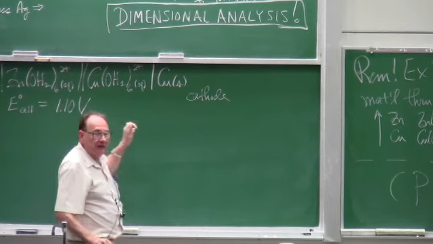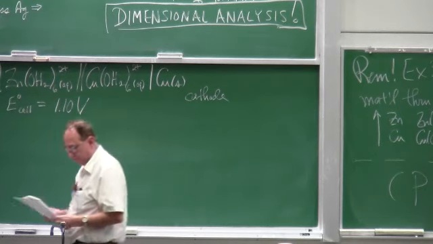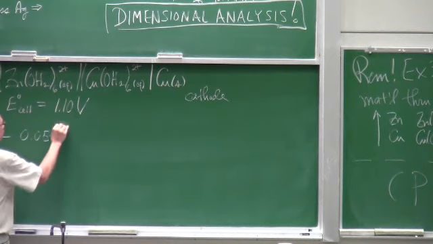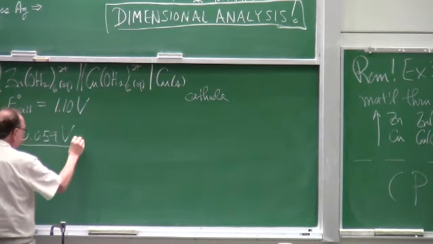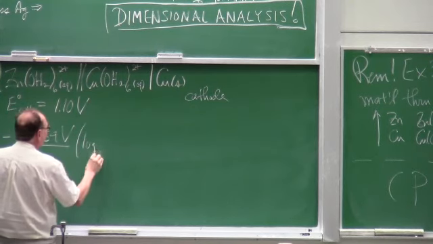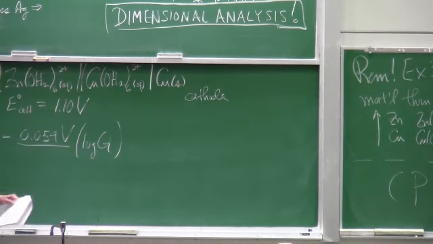So for this electrochemical system, let's now write the Nernst equation. There's E0 cell. Down here is N. What's the value for N?